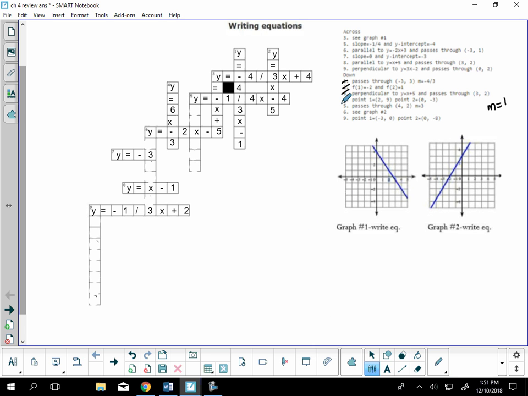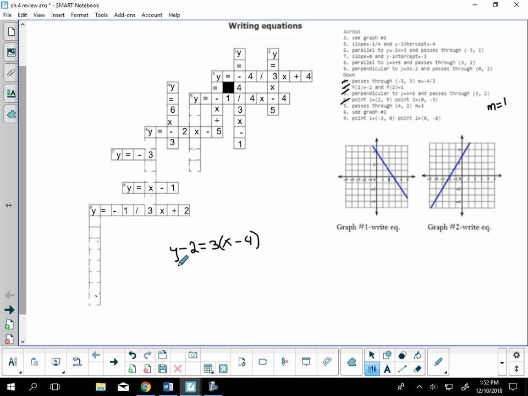Let's look at number 5. It passes through the point 4, 2 with a slope of 3. So they're giving us a point and a slope. Y equals, I'm sorry, not y equals, y minus my y coordinate equals 3x minus 4.